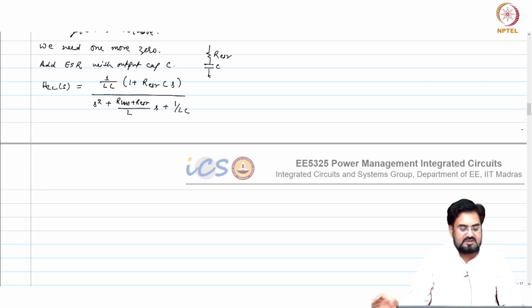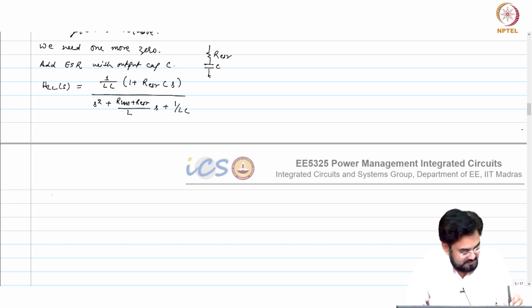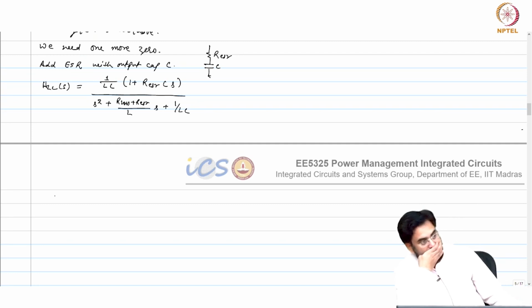So, how do we choose this 0? How much phase margin you want at UGB, that is one thing, but due to resonance, the phase at resonance frequency is dropping. So one thing you have to make sure is that it has to appear before that, so that it should not go to 0 actually.